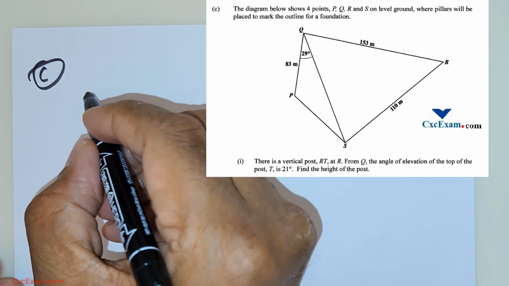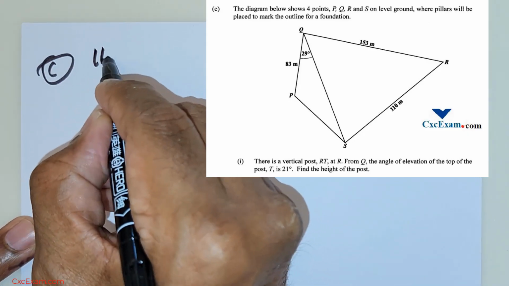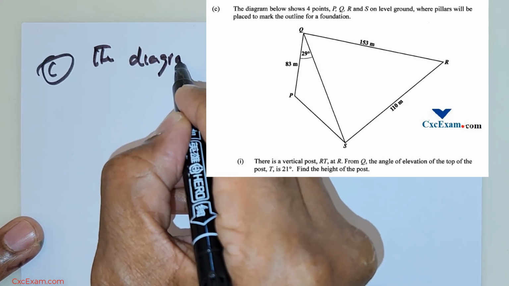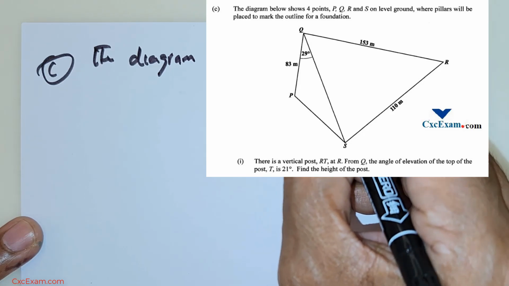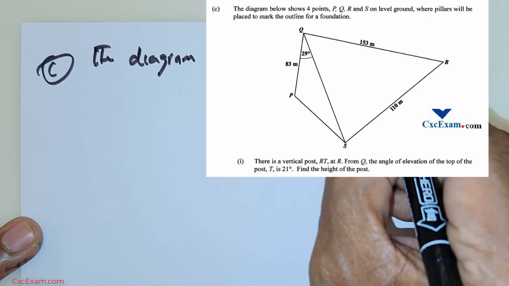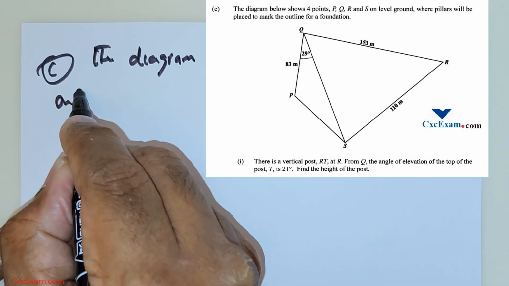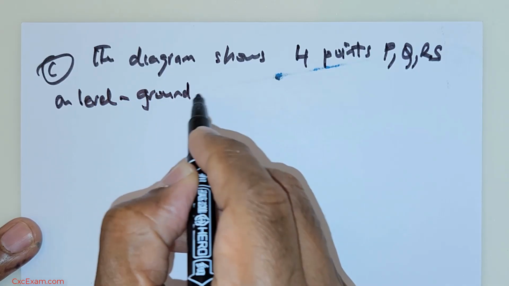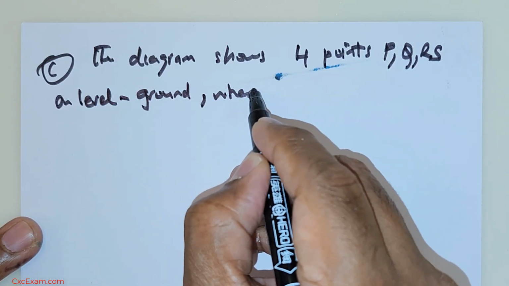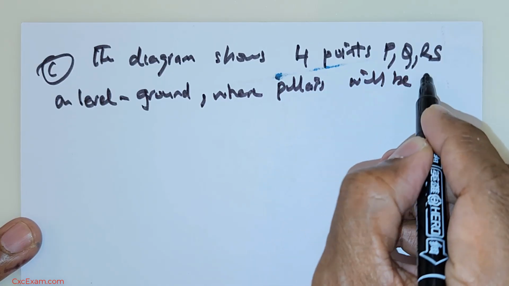Okay, this is question number C. It's a lovely question again. So let me write the question down. The diagram shows 4 points P, Q, R, S on level ground, where pillars will be placed.